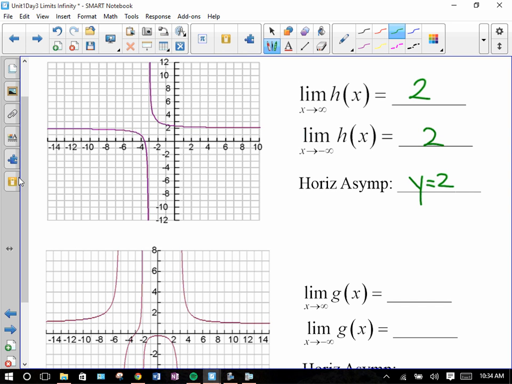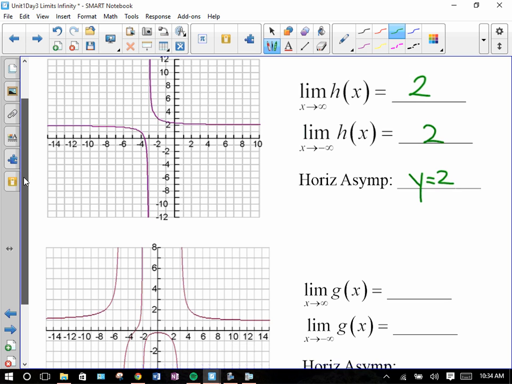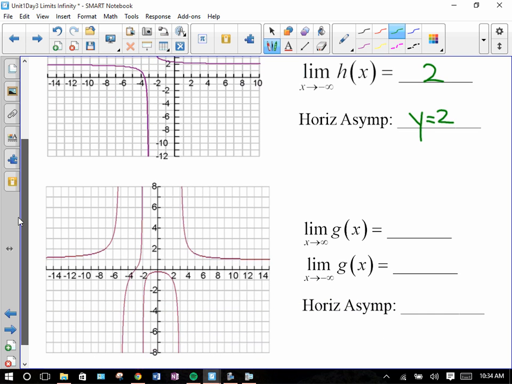We're going to look at this next one. If we go down to this graph, what is the limit as x approaches infinity for g of x? This is the graph of g of x.